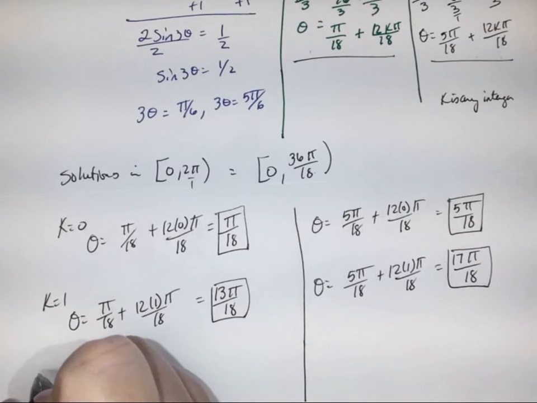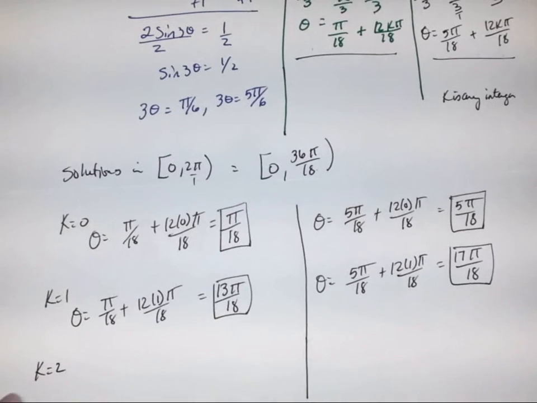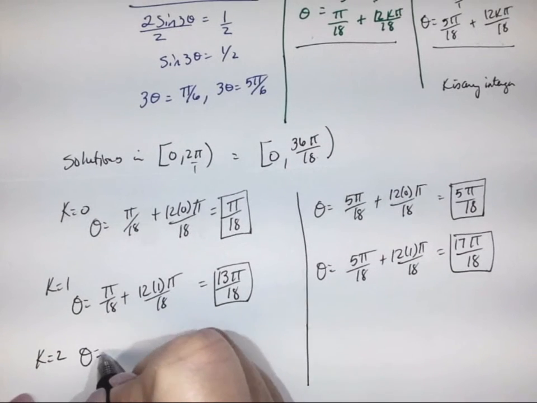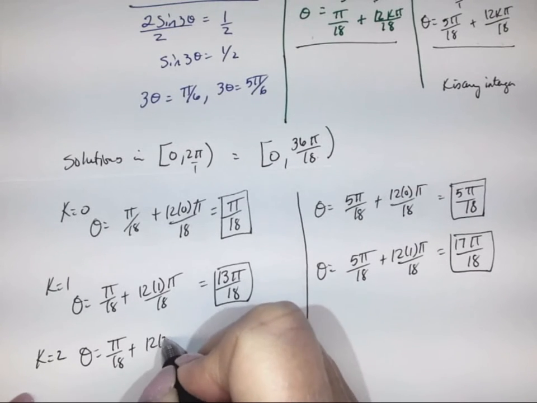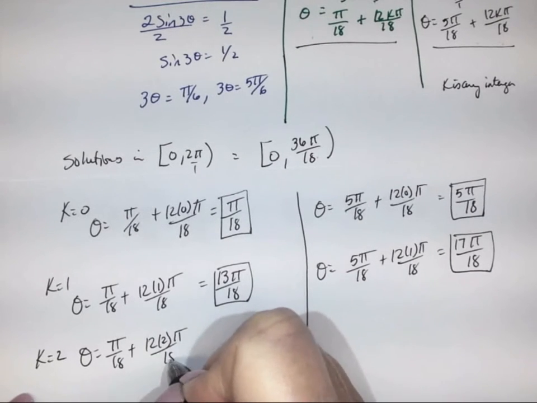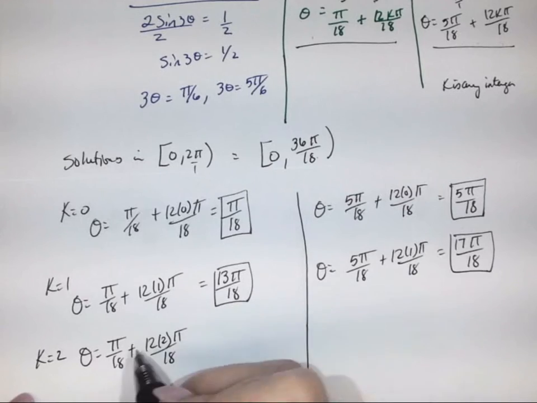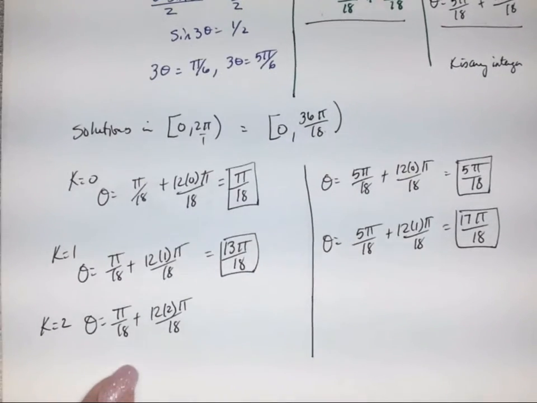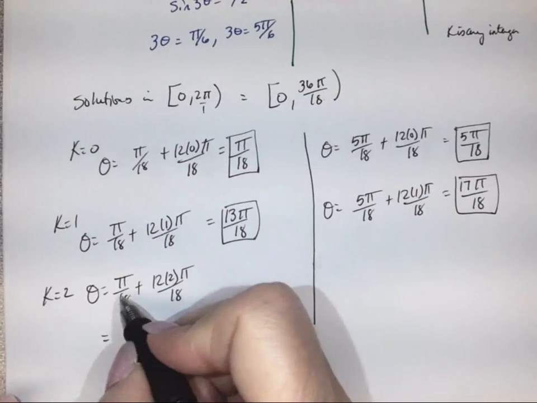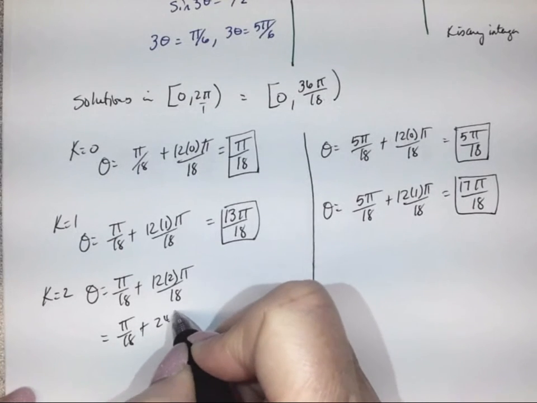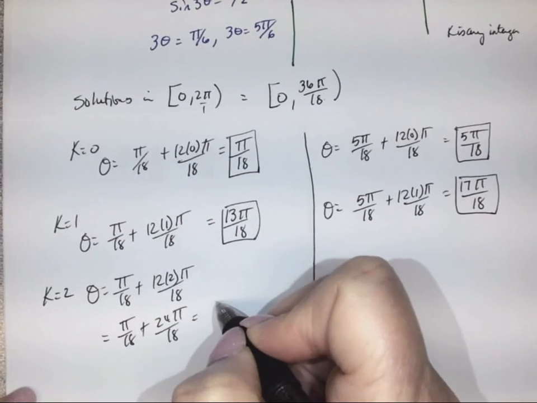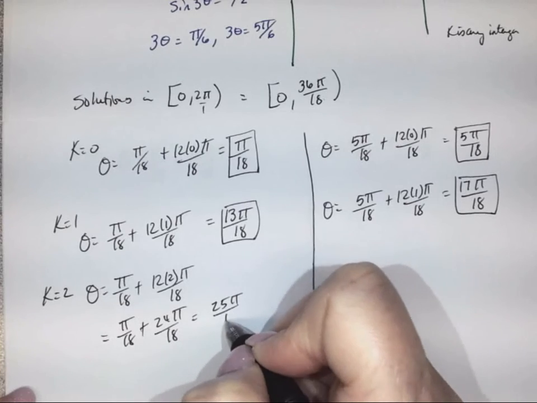All right, let's go look at k equal to 2. So here we have theta is equal to pi over 18 plus 12 times 2 pi over 18. Well, this changes a little bit, so I'm going to do a little bit more work here. I get pi over 18 plus 12 times 2 is 24 pi over 18, and that gets us 25 pi over 18.